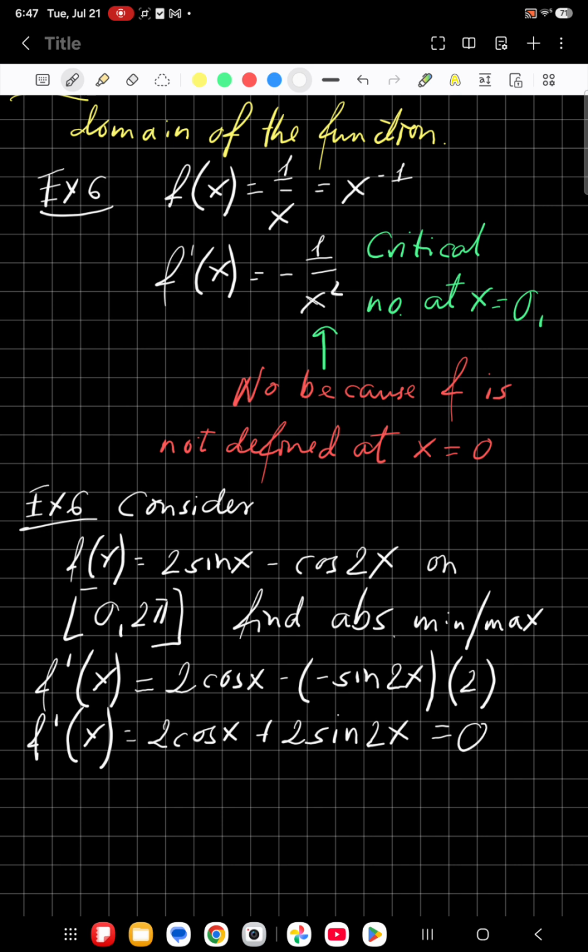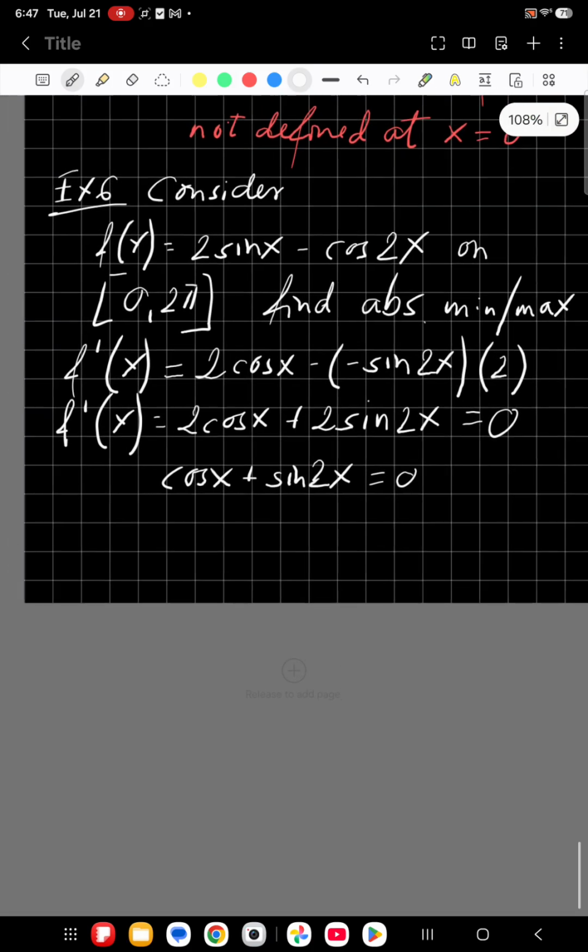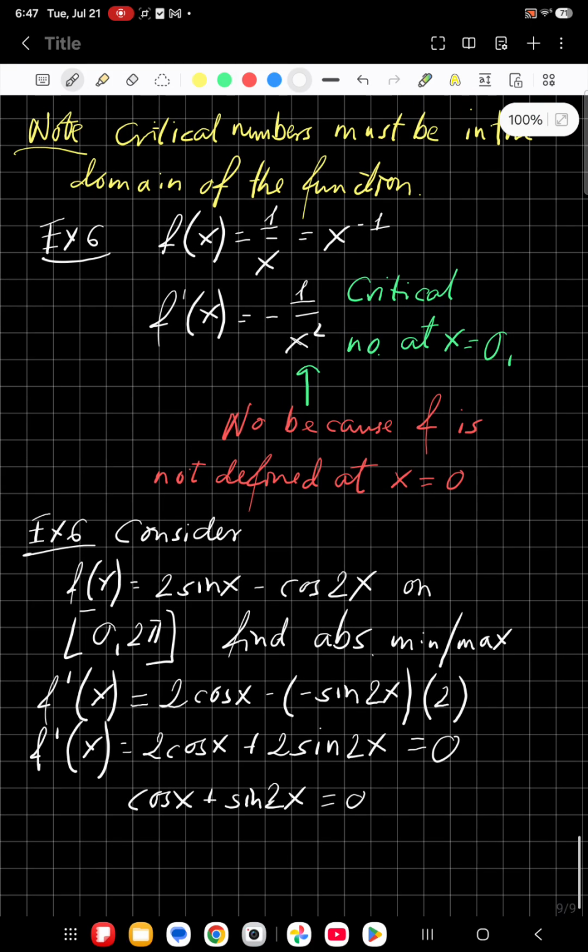Okay, so at this point, we make it equal to 0, and we can divide by 2. So cosine x plus sine of 2x. At this point, I always tell students you don't need to remember some of those not so basic identities, but it's good to know that they exist.